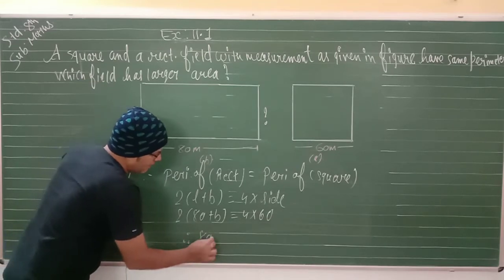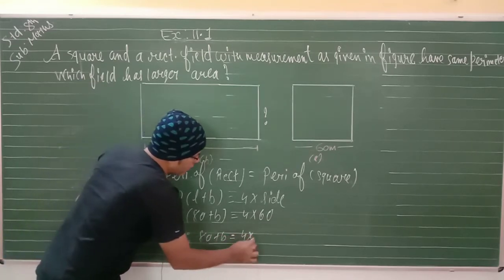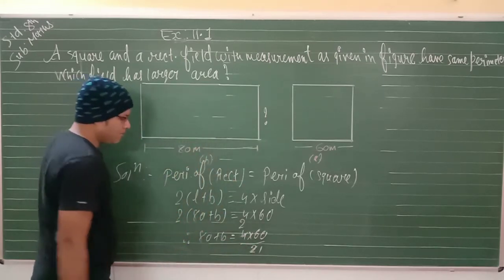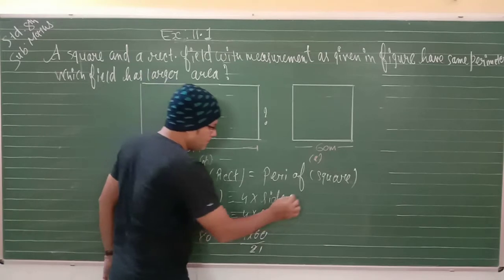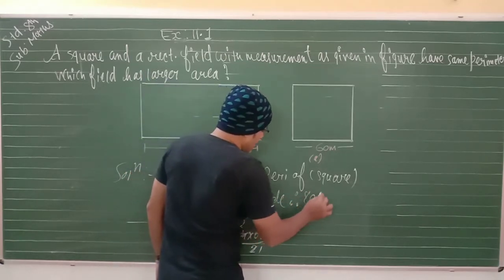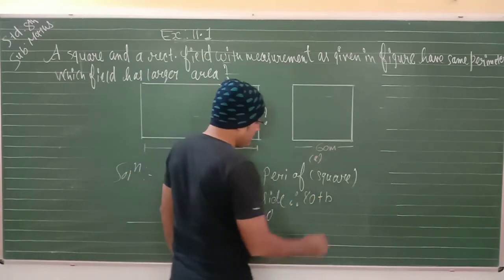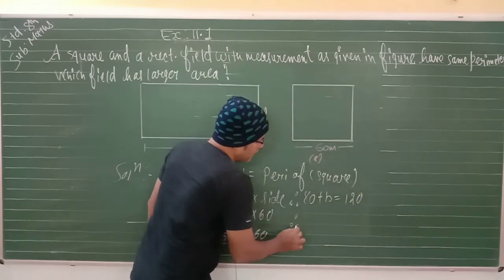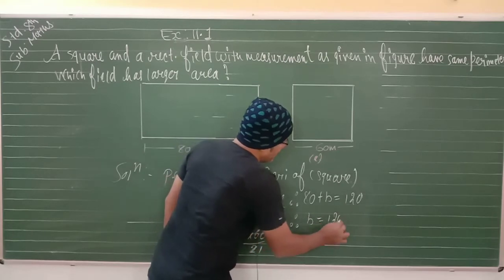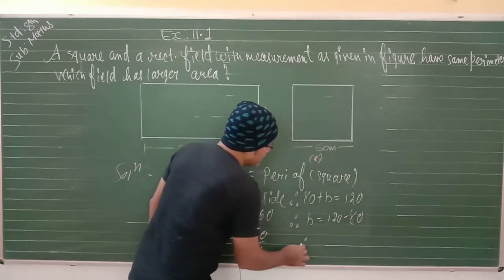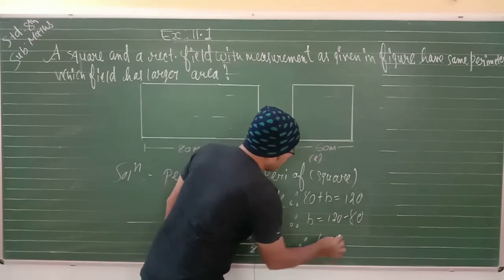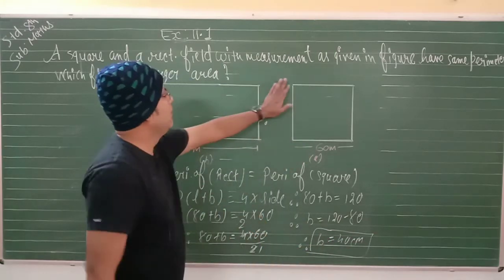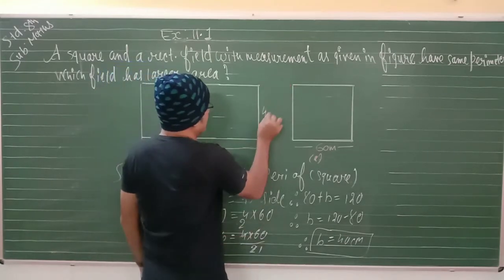Therefore 80 plus B is equal to 4 into 60 divided by 2. 2 ones are 2, 2 twos are 4, 2 sixes are 12, so it is 120. Therefore 80 plus B is equal to 120, and therefore B is equal to 120 minus 80. Therefore breadth will be 40 centimeter.